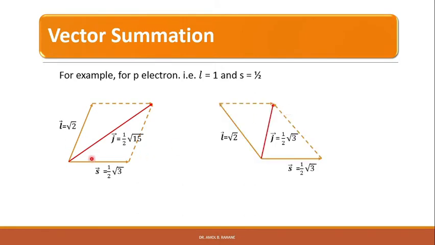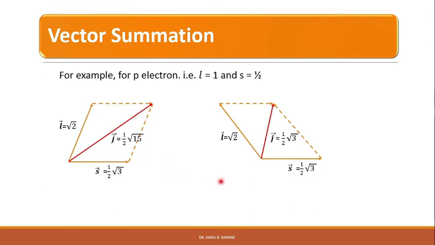So let us consider the quantum number L is equal to 1, that means L vector will take value as root 2, and S is equal to 1 half, then S vector will take value as 1 by 2 root 3, right? And therefore we can take two different orientations of these L and S vectors to get the values of J vector. So we get two values of J vector, right?